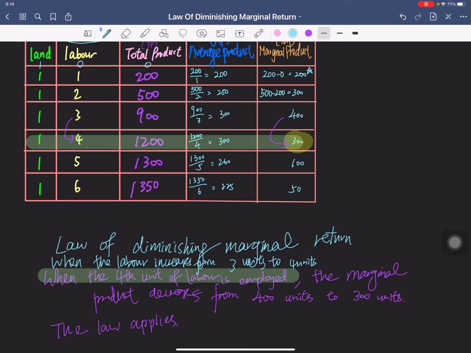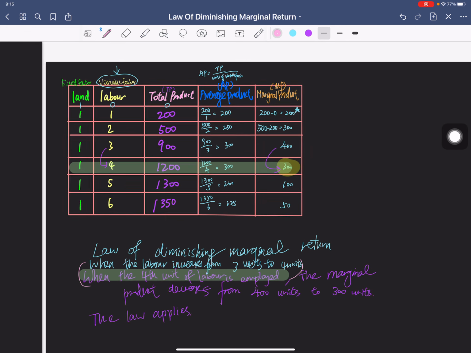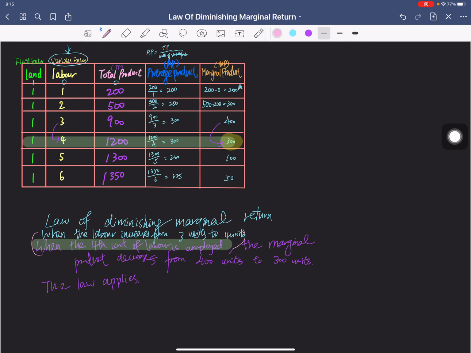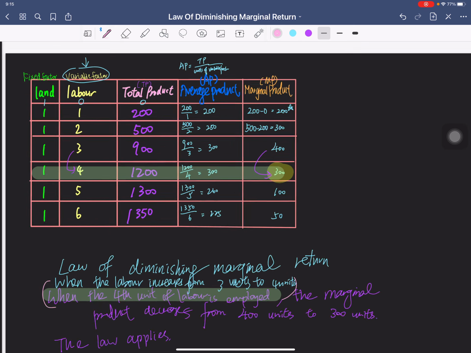So this means exactly the same. This sentence essentially just describes when the law of diminishing marginal return happens, while the later part illustrates the decrease in the marginal product. You should also provide a table, so you should list the table as well. Hope this clarifies how you can tackle the problem of the law of diminishing marginal return.